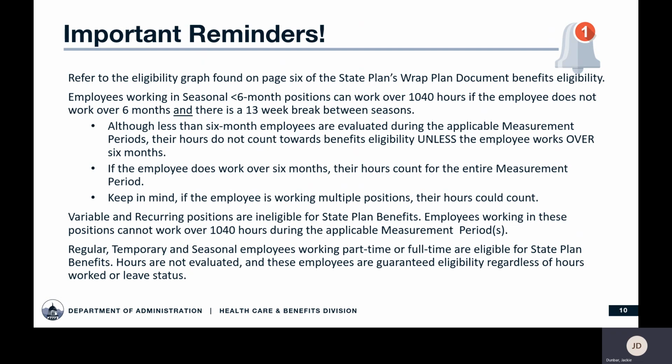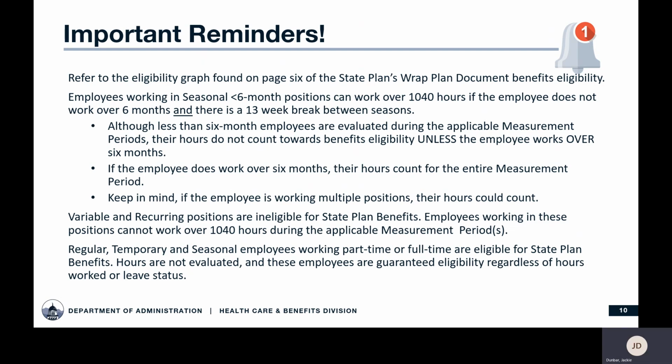Although less than 6-month employees are evaluated during the applicable measurement periods, their hours do not count towards benefits eligibility unless the employee works over 6 months. If the employee does work over 6 months, their hours count for the entire measurement period. Keep in mind, if the employee is working multiple positions, their hours could count.